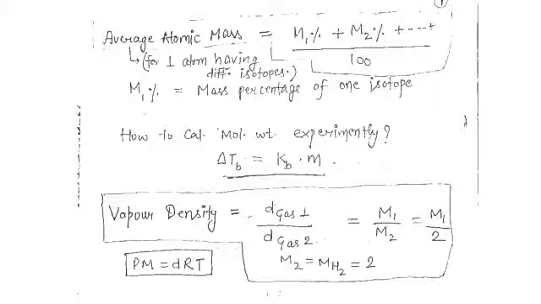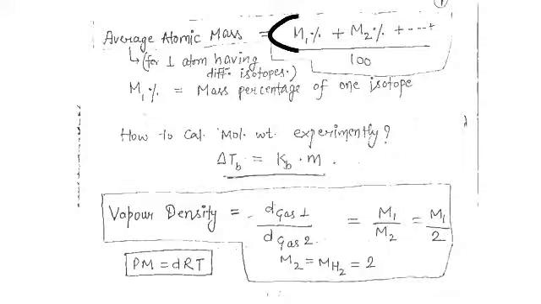You know that while you calculate it, if there are many isotopes, then what would be the average mass, or say what would be the mass of that particular nuclei, we will calculate this by having the mass percentage. If we have two nuclei, then we usually take the mass percentage of the first nuclei.